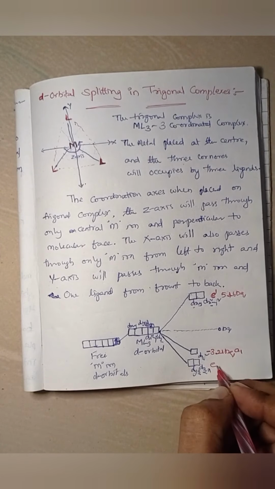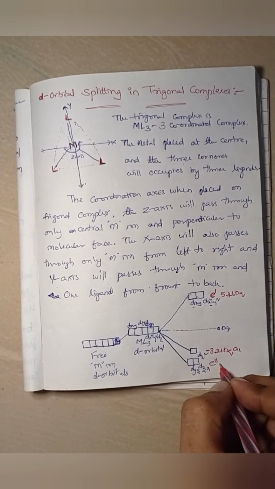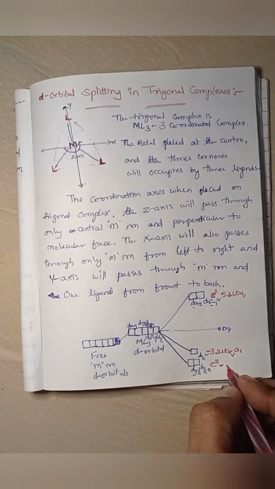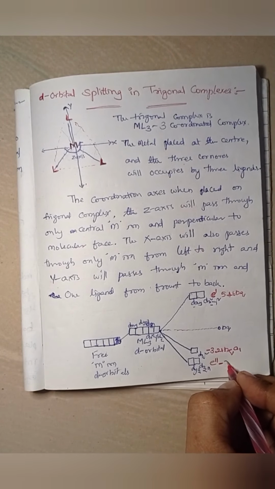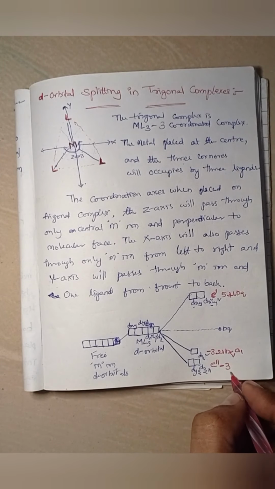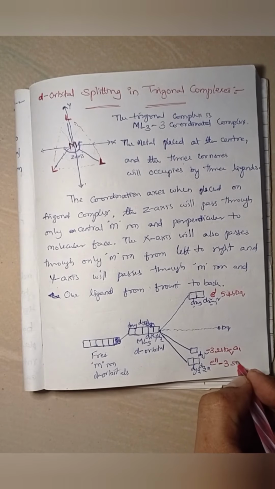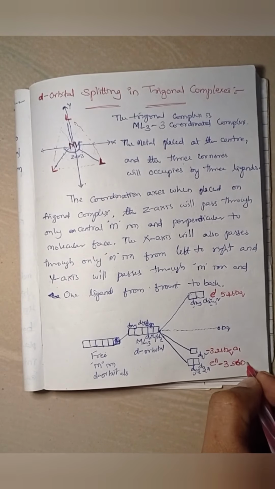The doubly degenerate lowest energy level indicated with E double bar has its energy at minus 3.86 dq.